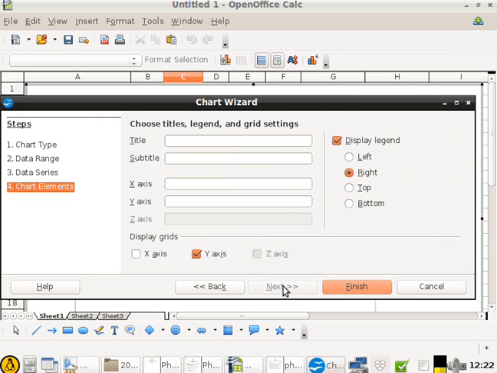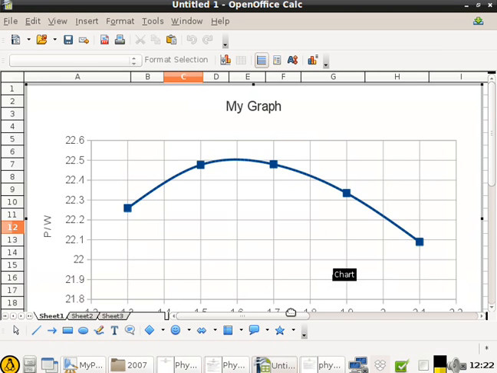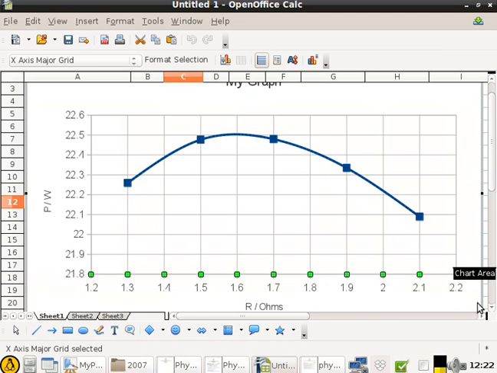Okay. Now what's on the x-axis? Resistance in, what's the unit? Ohms. And what's on the y-axis? Power in watts. And the title, I'll just call it my graph for now. Get rid of the legend, put in the x and the y. There we go. So you should get something like this in the exam.